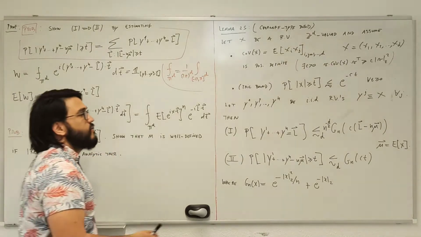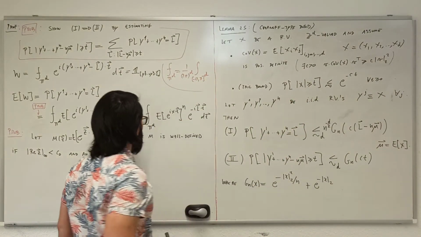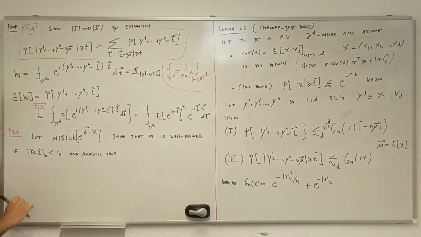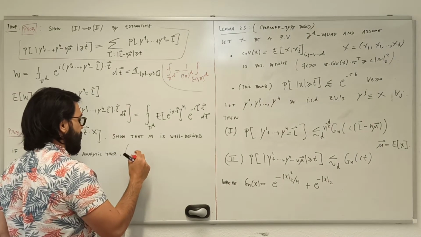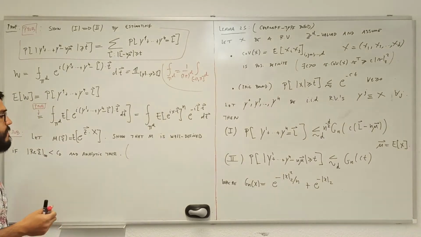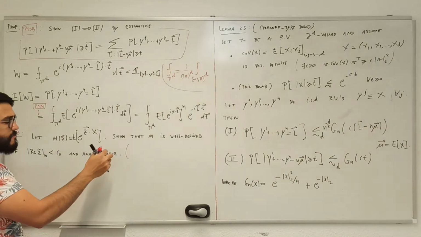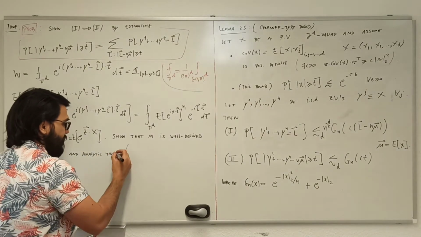Of course, you have to use this bound to show that this is well defined and analytic in this region. If you want a hint, to show that it's analytic is another ball game.